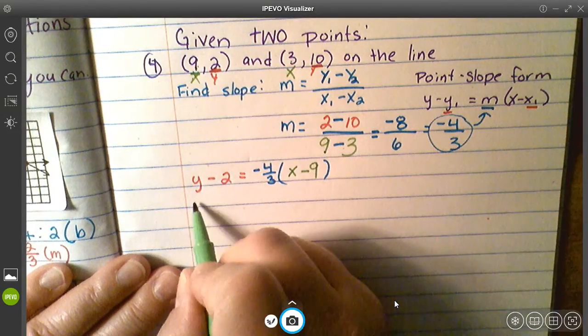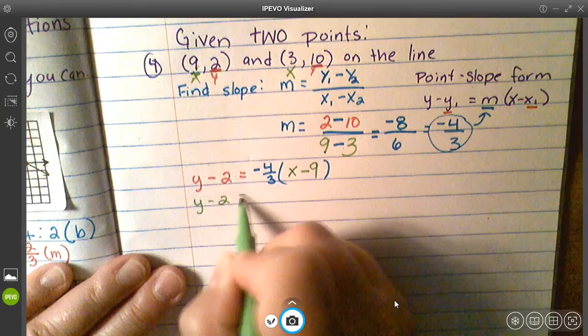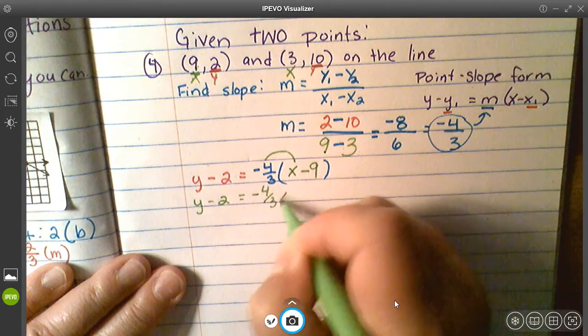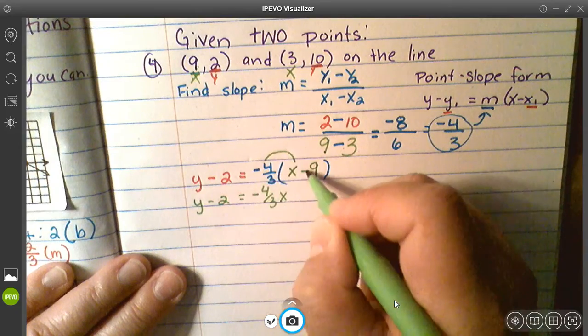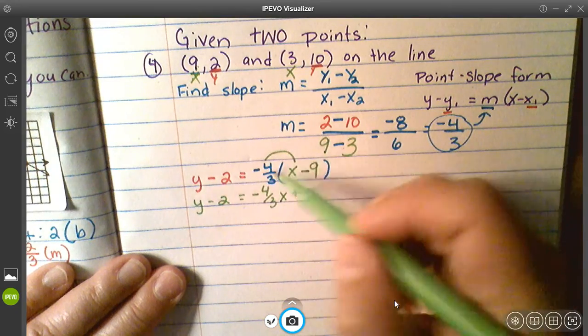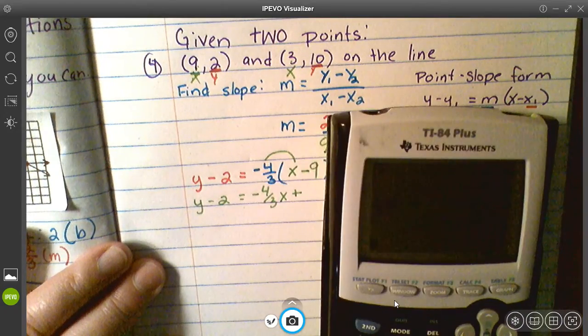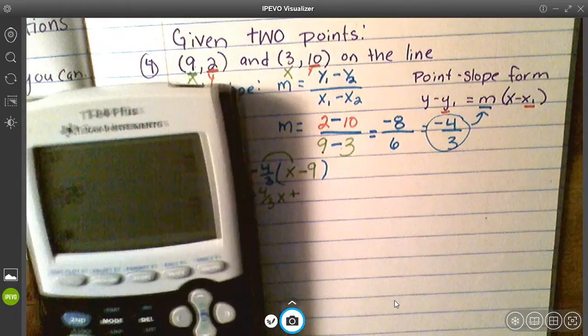All right, so y minus 2 equals negative 4/3 x. Negative times a negative is positive. 4/3 times 9. Let's do that.